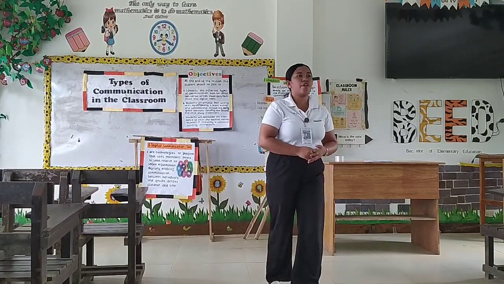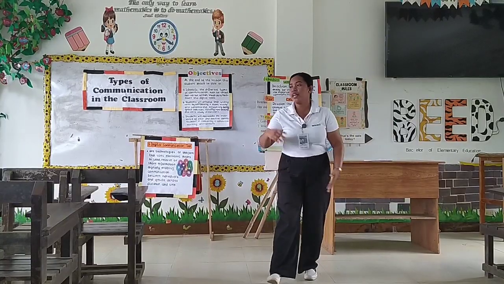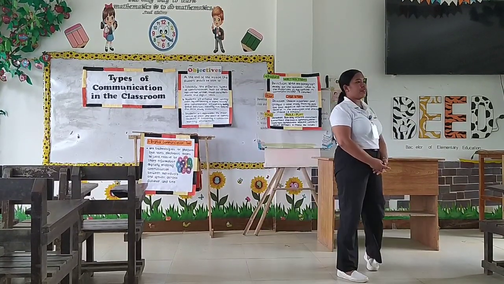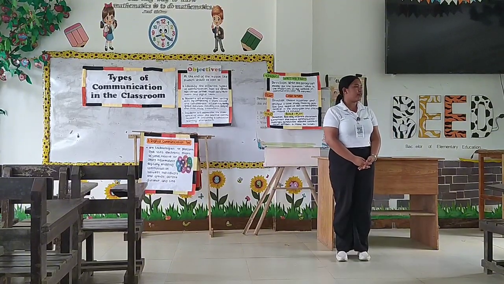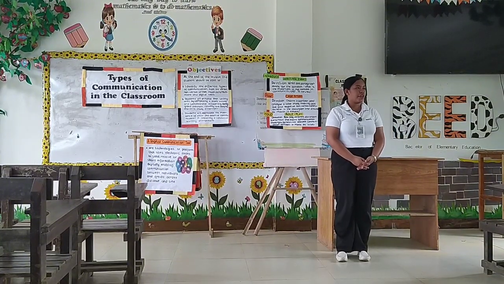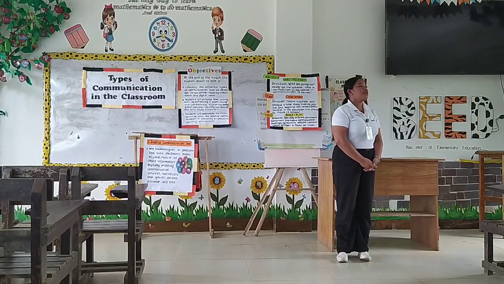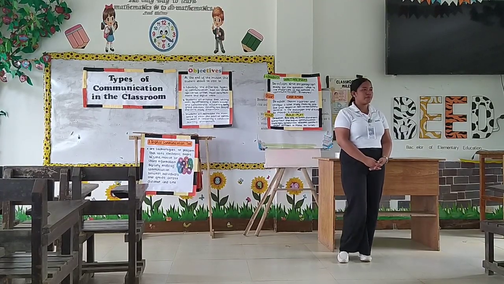You now go to your groups. This will be group 1 and group 2. I want you to go with your group and participate with your teammates. I will be giving you 5 minutes to prepare.